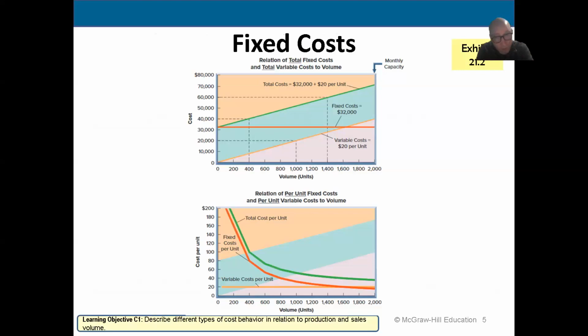On the top part of this slide, we can see the relationship between the number of units produced and our total cost. Our total costs rise with the more units I produce. This is represented by the green line there.